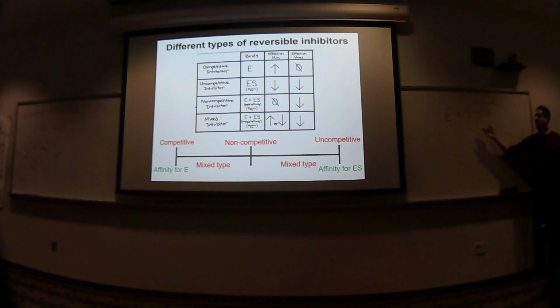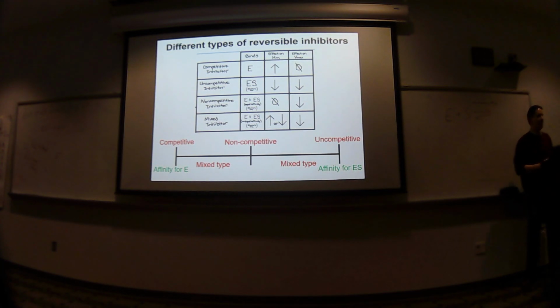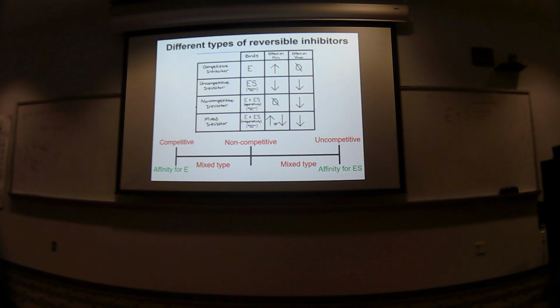Because you've removed it from the equation, you push it together more. But then you trap it and remove it from the equation. So, is there like a new equilibrium established? Yes, yeah. It'll keep trying to get to equilibrium, as long as there's an inhibitor around.